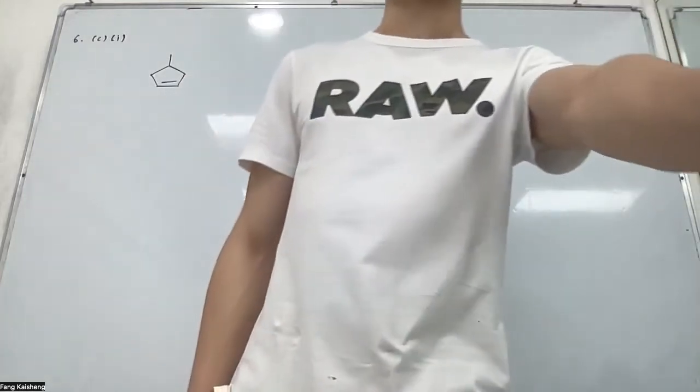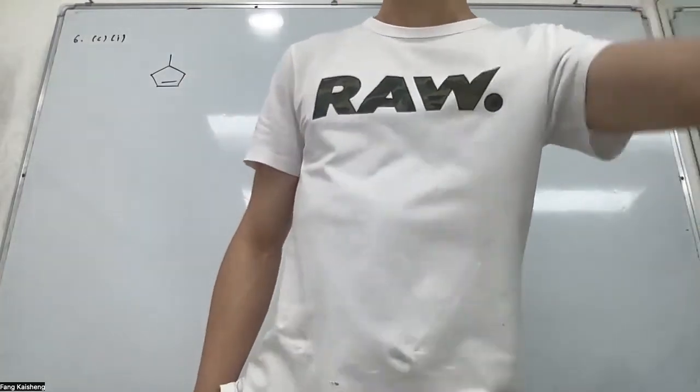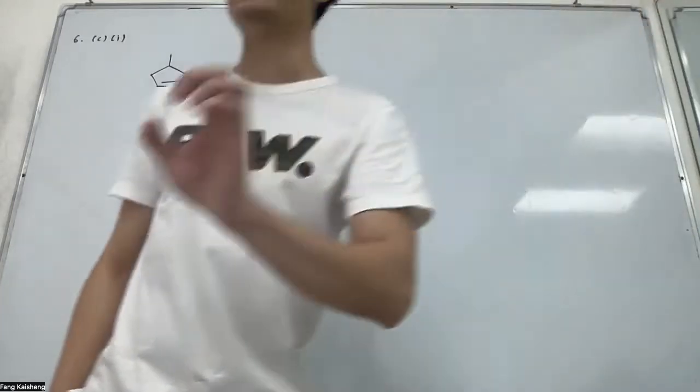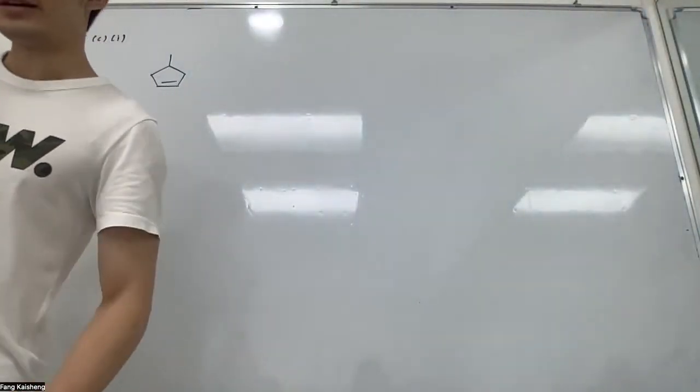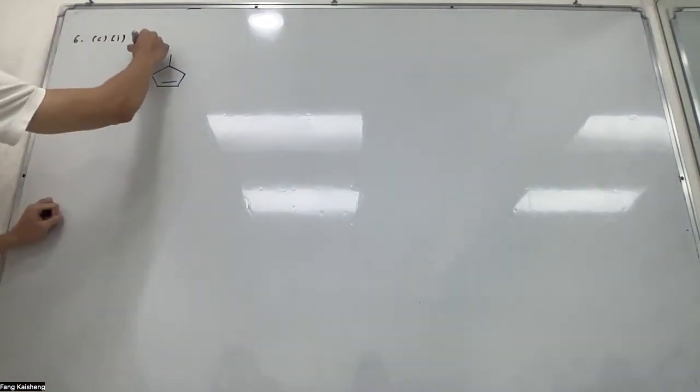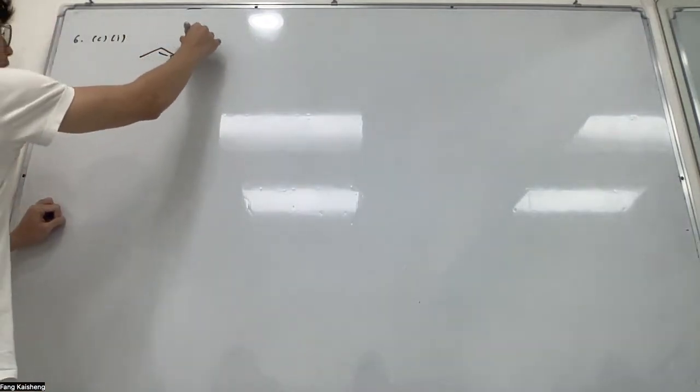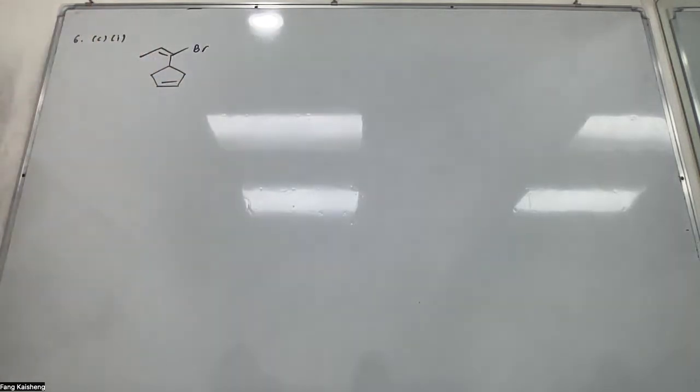Just do part 1 first, because we still have something else to draw, so you might need the space. Okay, it should look something like this. You want to switch it to the other side also.